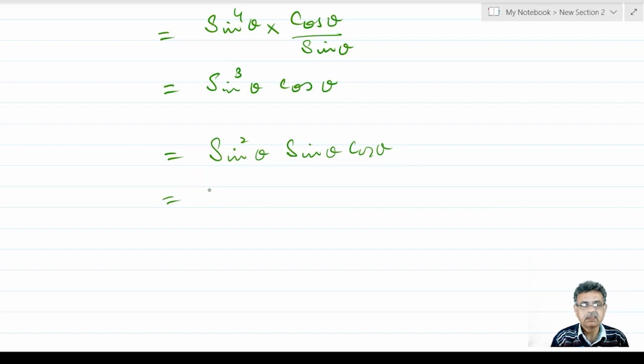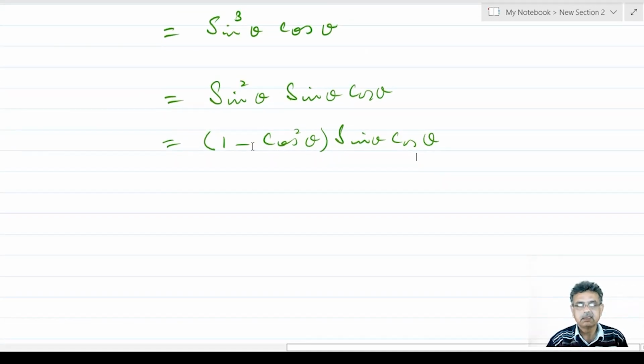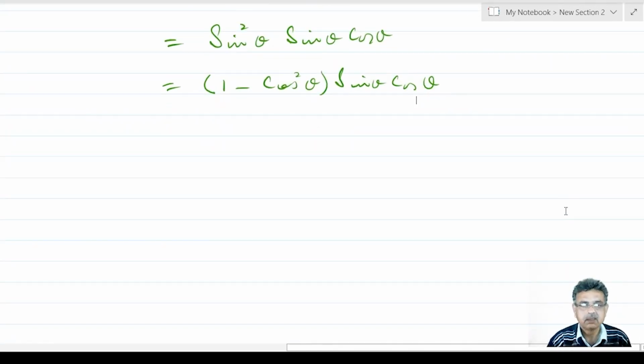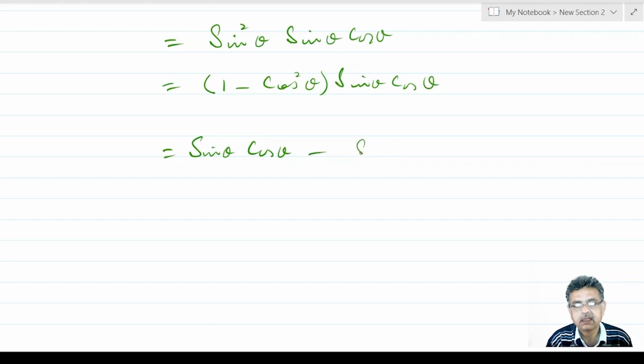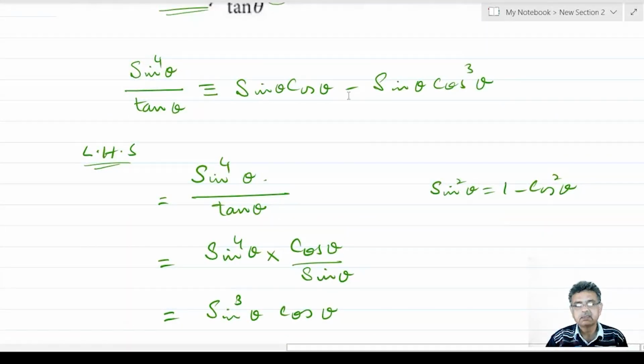Now this sine square theta, you can write as 1 minus cos square theta into sine theta cos theta. Now multiplying this sine theta cos theta inside the bracket, we obtain the expression sine theta cos theta minus sine theta cos cube theta. And very interestingly, we can see that it is proved equal to the right hand side.